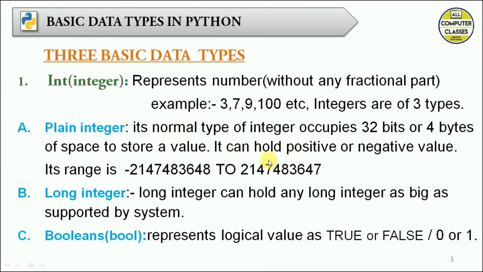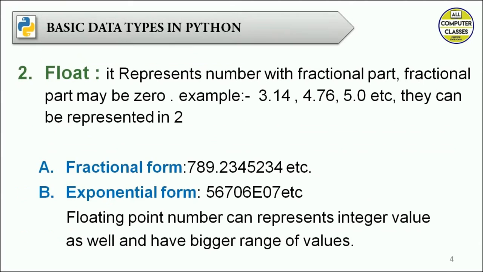It will be covered in this category. Then long, if you are having a huge data, for example census of a country, like that, right? And boolean means true or false. So like are you Indian, so you will say yes or no, means it will be represented with boolean, right?